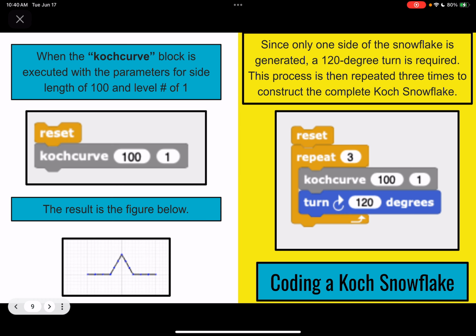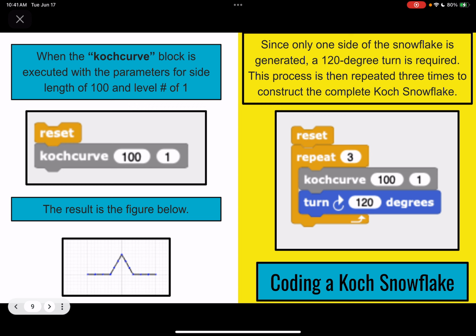When the Koch curve block is executed with a side length of 100 and a recursion level of 1, the result is 4 line segments, each 1/3 the length of the original segment from level 0. The shape on the left of this slide shows this clearly.